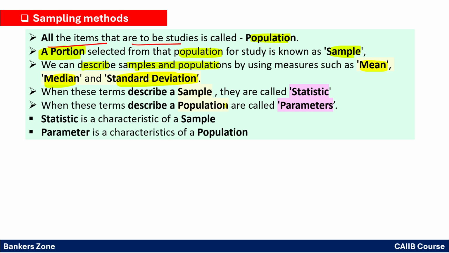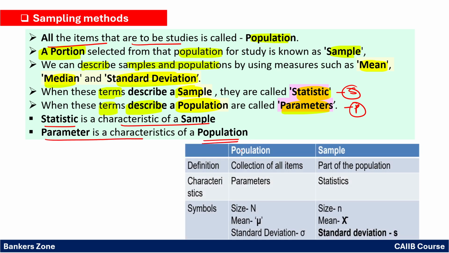The term used for describing the sample we call statistics, the term used for describing the population we call parameter, right? Remember, S for statistics, S for sample, P for parameter, P for population. So statistics is the characteristic of the sample and parameter is the characteristic of the population.